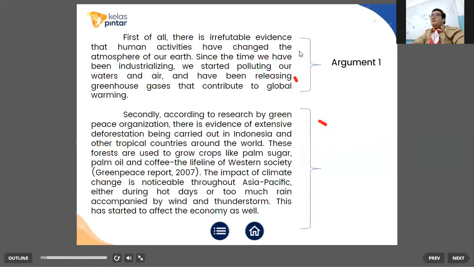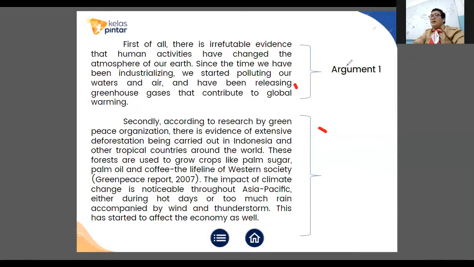Bahwa manusia itu adalah penyebab dari polusi udara dan polusi air. Nah, ini kan evidence ya. Ini adalah buktinya. Kan dia nggak boleh sembarang ngomong dong. Dia harus buktikan itu. And then have been releasing greenhouse gases that contribute to global warming.